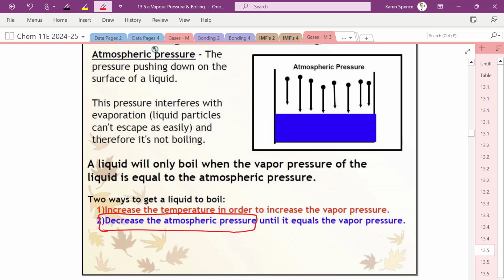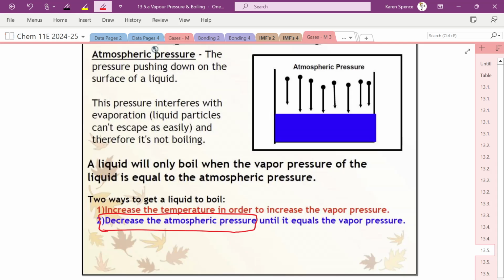So actually, if you have a container and you are able to pull up, what do you call those things? Like a hypodermic needle, except not a needle, just a great big cylinder with a plunger in it. And let's say that this was closed off at the bottom.